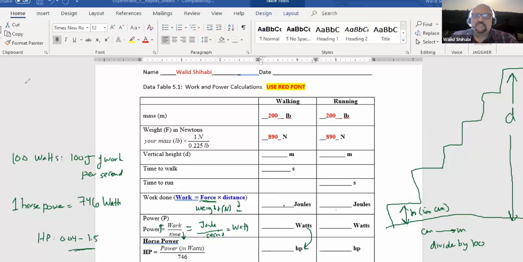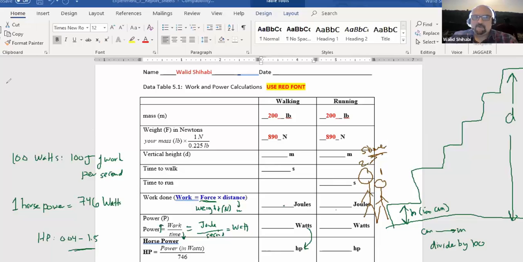Now one of the questions is about whether a slower moving student can still have more power. If you have two people here, this is person one, and this is person two. Now if person two is slower than person one, can person two still have more power?